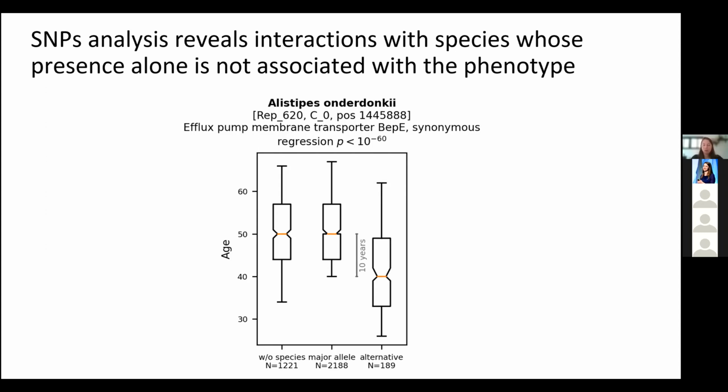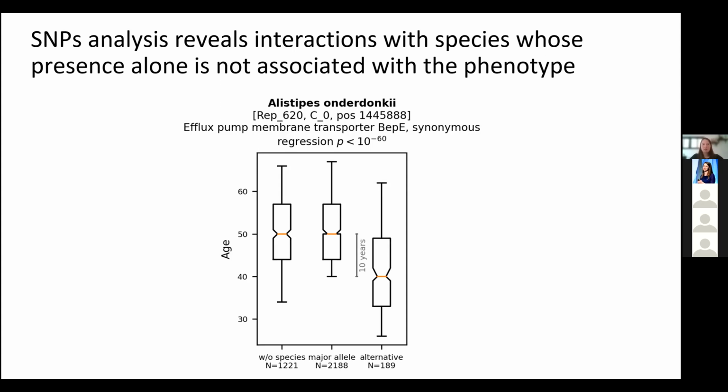And what you also see here is that the ages of people without this bacterial species and the ages of people with this bacterial species, but with the major, most popular allele of this species, is about the same. And this happened a lot. For each association that we found, we wanted to know whether the bacterial species from which the SNP came was also associated with the phenotype.